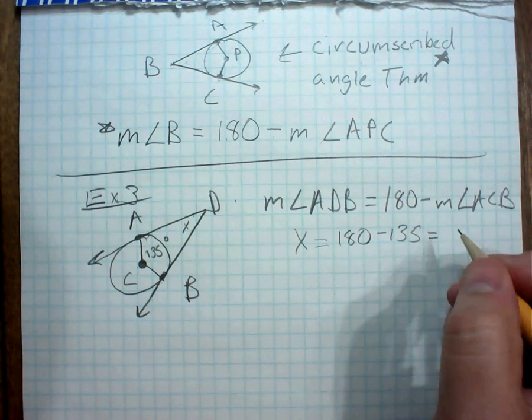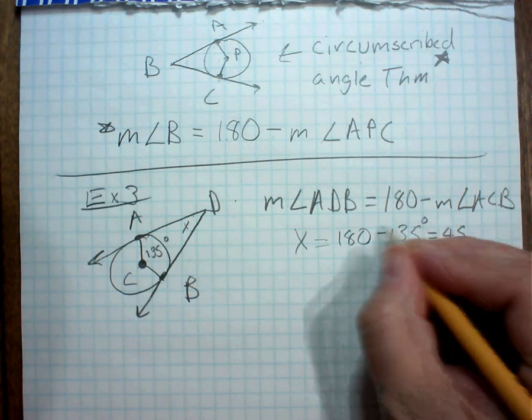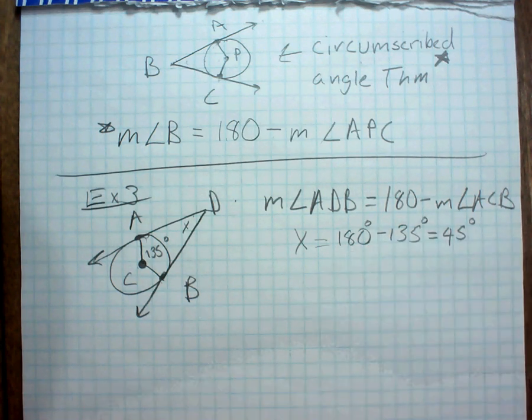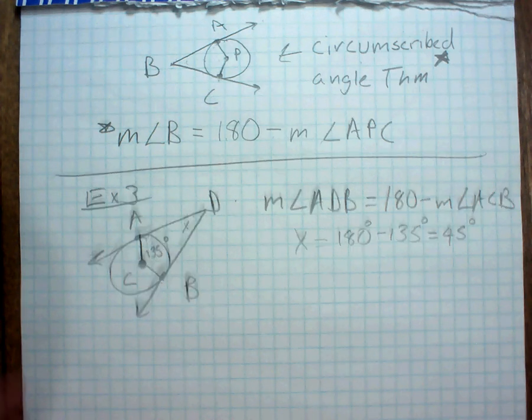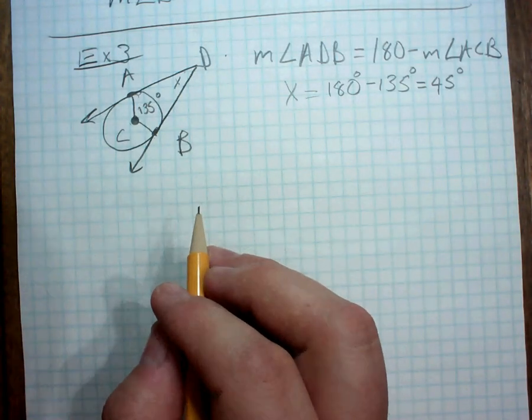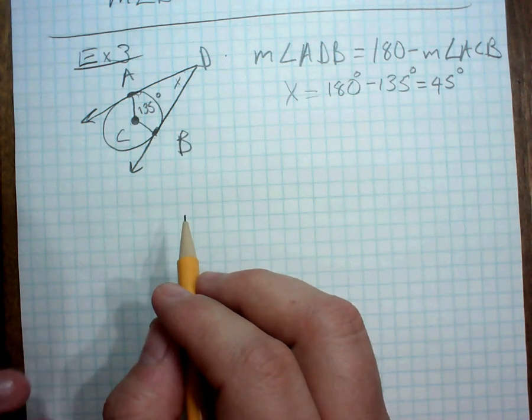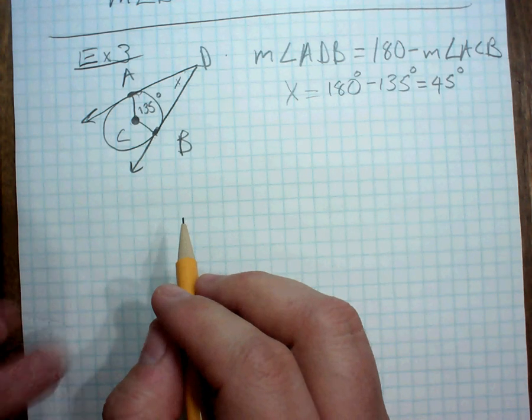And that's just 45. Okay? That's pretty easy. There's a part 2 to this scenario, and that one's a little more complicated, but it isn't really, and I'll show you why.